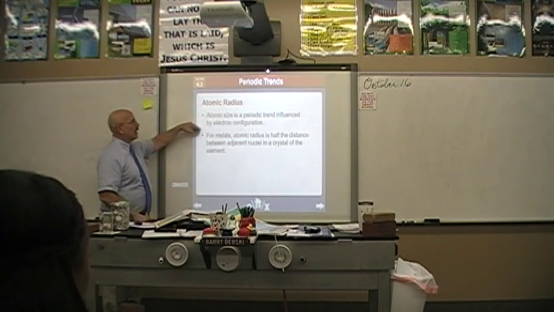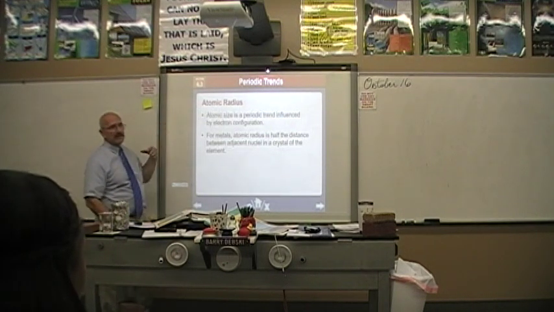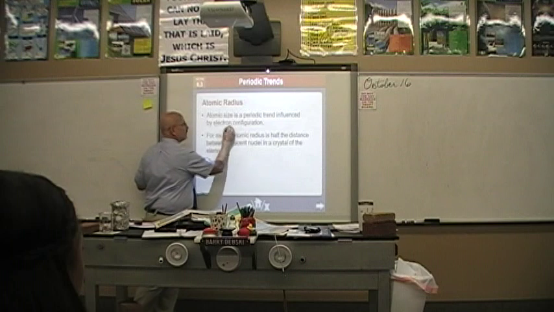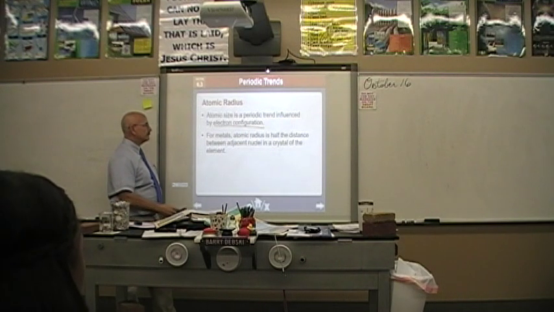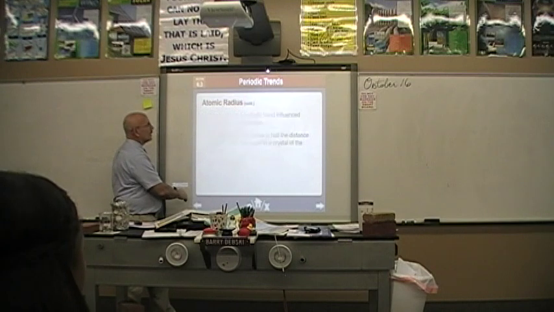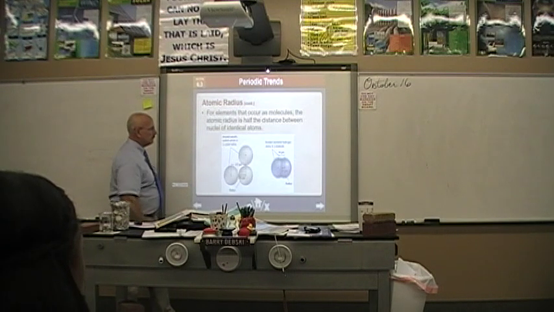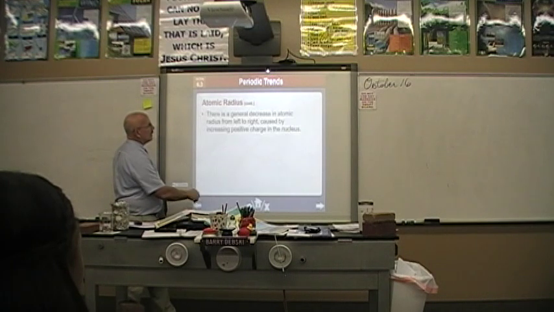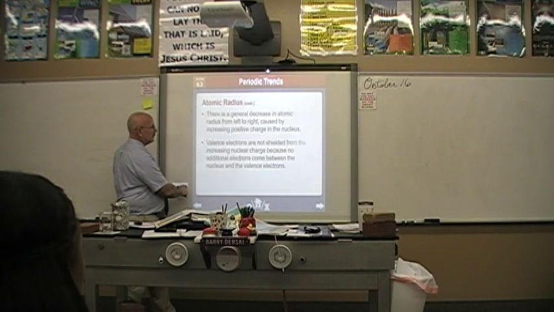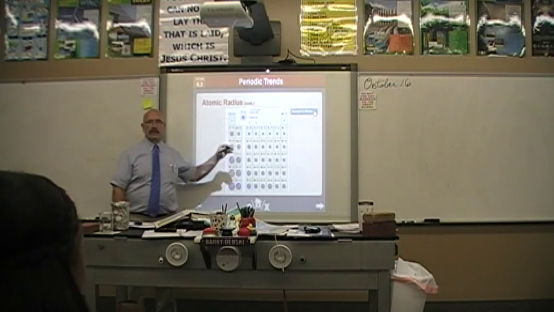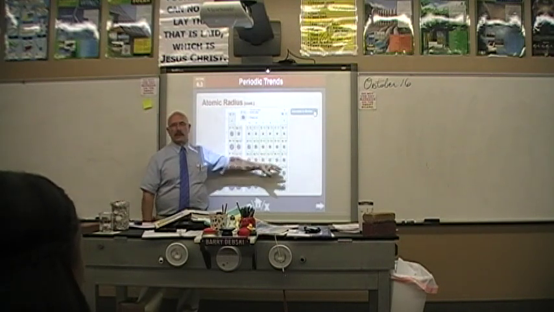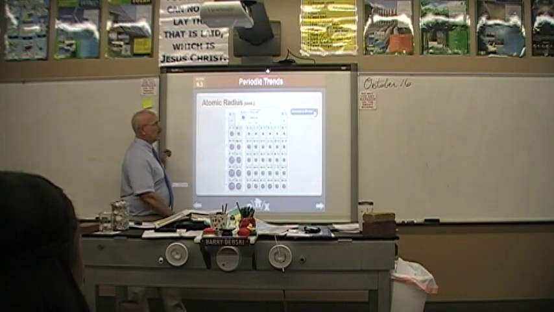Okay, let's talk about atomic radius. Now, atomic radius is affected by electron configuration, so we already know about that. I'm not going to cover that real quick. So when I have, let me find the chart. We'll just talk about the chart here. Let's talk about our regular group S and group P, or our S and P orbital elements here.